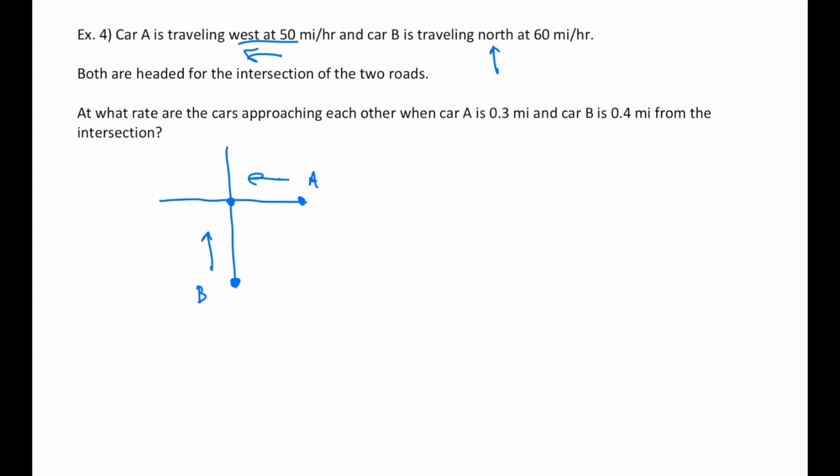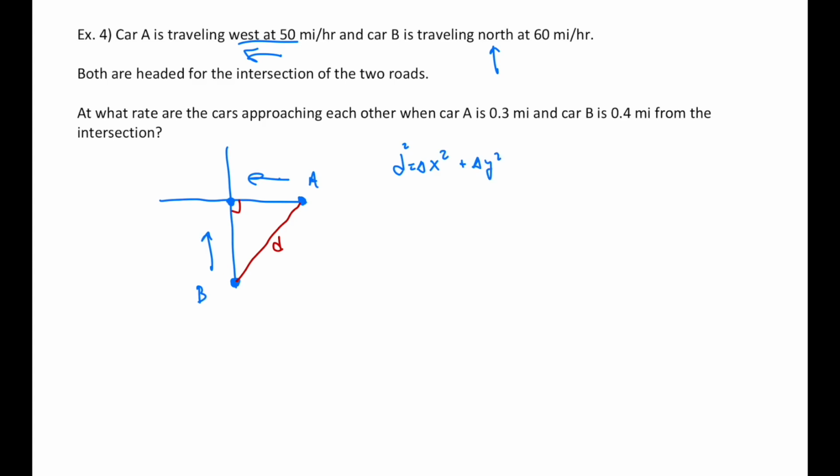Now, in the end, it's asking at what rate the cars are approaching each other. That's going to be the distance between them. So I'm going to put that in there. That's D, for distance. Since I'm looking at east-west, north-south, I've got a right triangle. I remember my handy distance formula: change in x squared plus change in y squared.